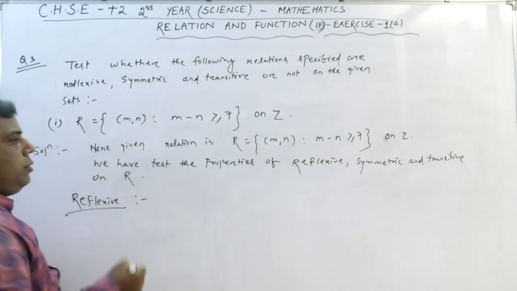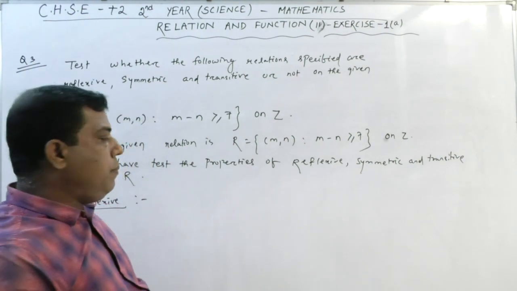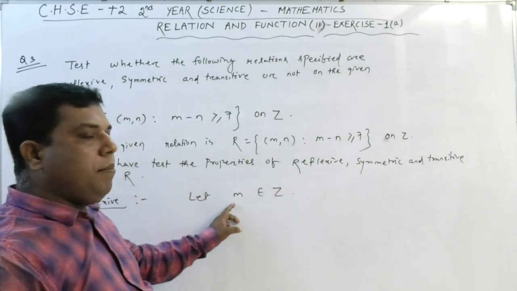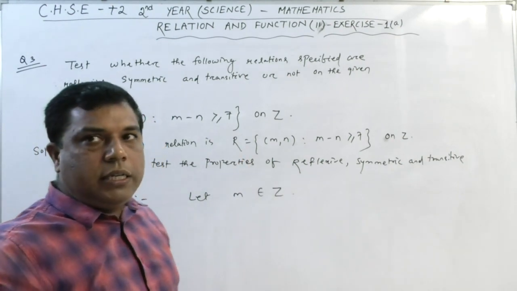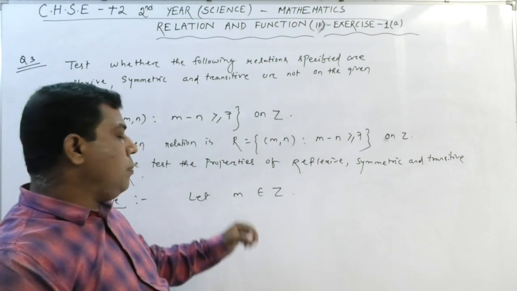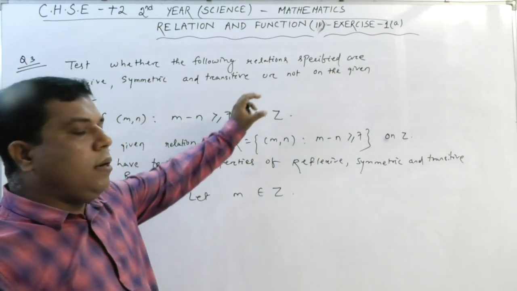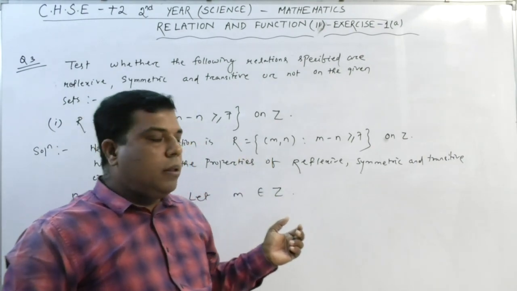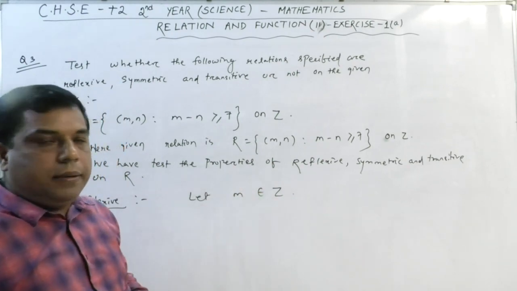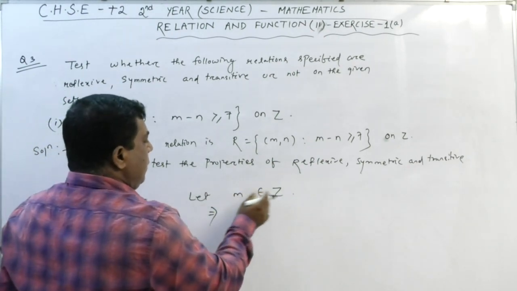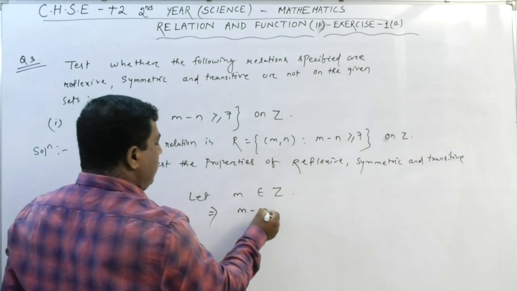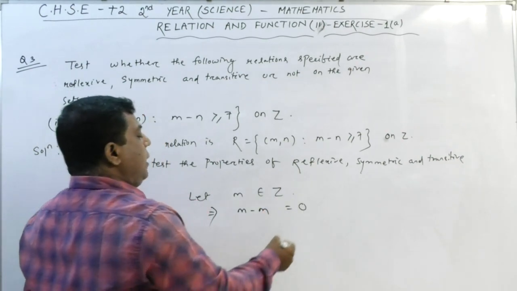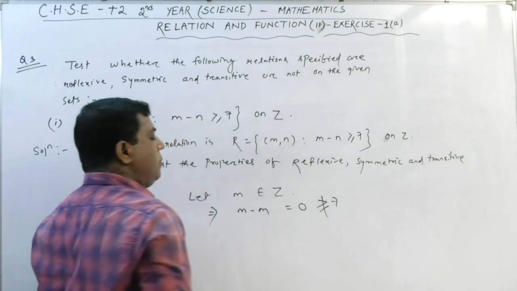For reflexive, what do we do? We take an arbitrary integer. Let m belong to Z. Any integer can be taken, as the relation is specified on the larger set Z. Now m minus m, the integer subtracted from itself, is 0, and 0 is not greater than or equal to 7.